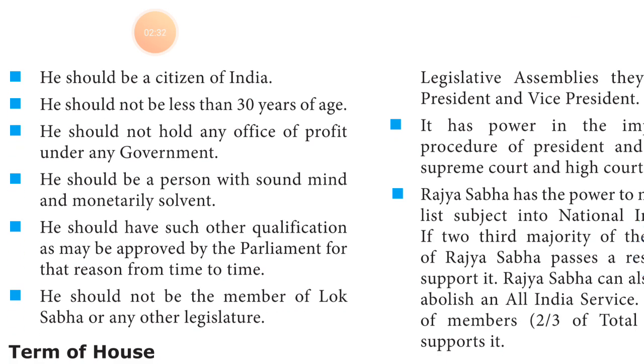Sometimes the Parliament announces or changes the qualifications of the Rajya Sabha members as it requires. The last one, he should not be a member of the Lok Sabha or any other legislature. This is the qualification of the Rajya Sabha members.